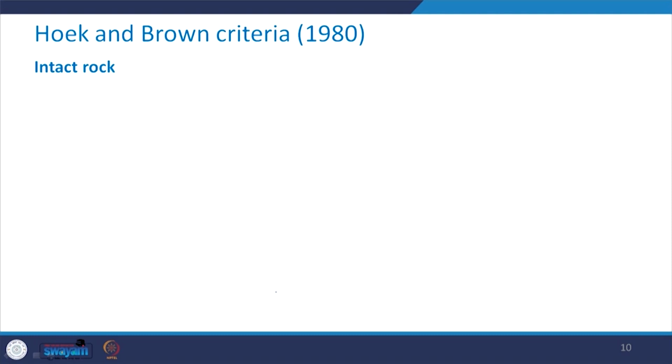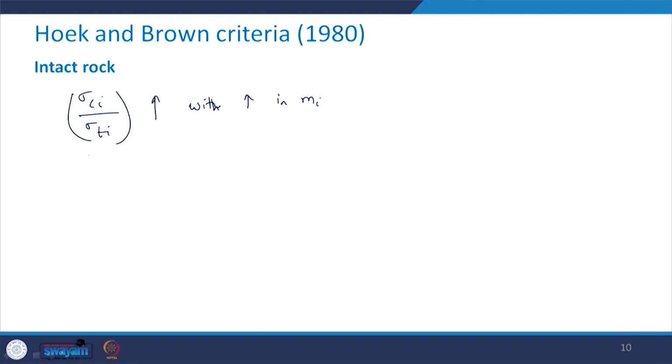Now, this ratio sigma ci upon sigma ti increases with increase in mi.